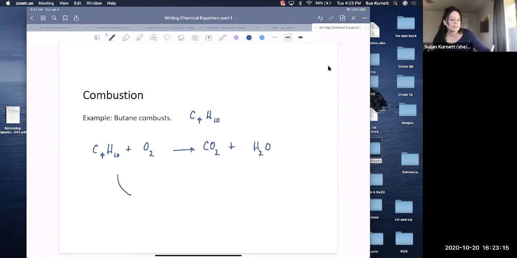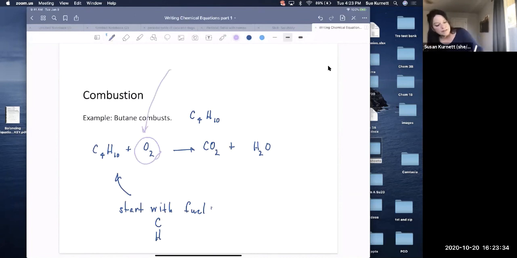For combustions, always start with the fuel, and do carbon and then hydrogen. And then once you figured out carbon and hydrogen, the last coefficient goes in front of the oxygen.